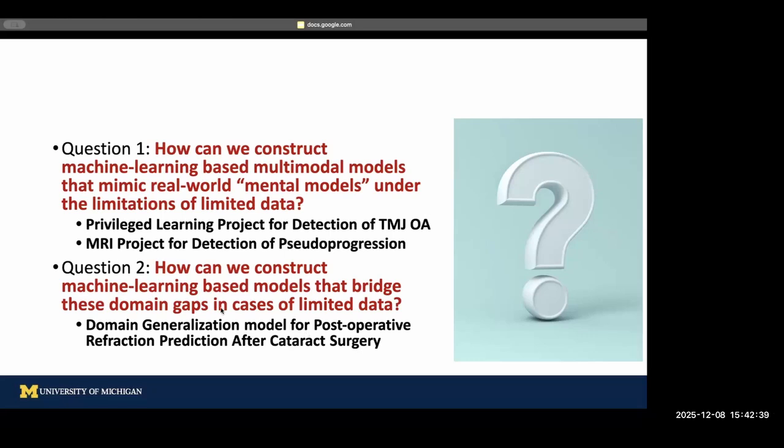And also, how can we construct machine learning based models that bridge domain gaps with limited data? So we also showed a sort of investigative story of domain generalization in cataract surgery. So we basically changed the framework. We also revamped the features, and we looked at reducing the dependence on A constants.